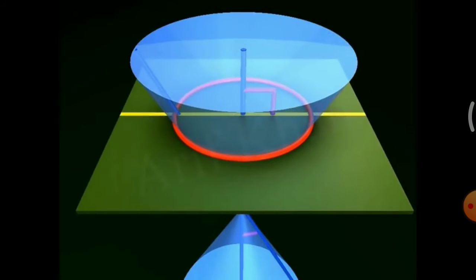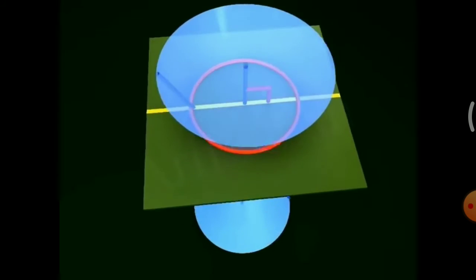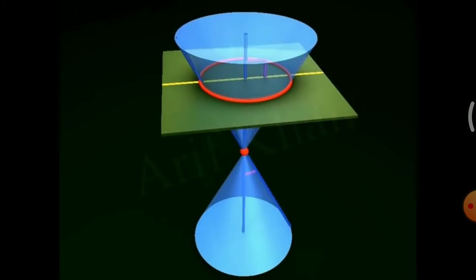When the plane is perpendicular to the axis, the ellipse becomes a circle. Thus, a circle is a special type of ellipse.